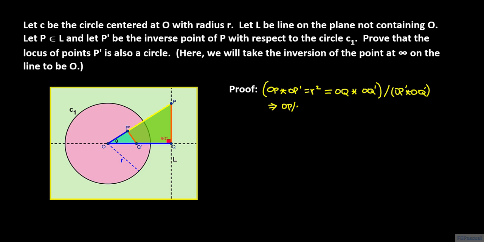We get OP divided by OQ' equals OQ divided by OP'. This is our constant of proportionality, and we will call it K. And so we have that OP is equal to K times OQ' and OQ is equal to K times OP'.